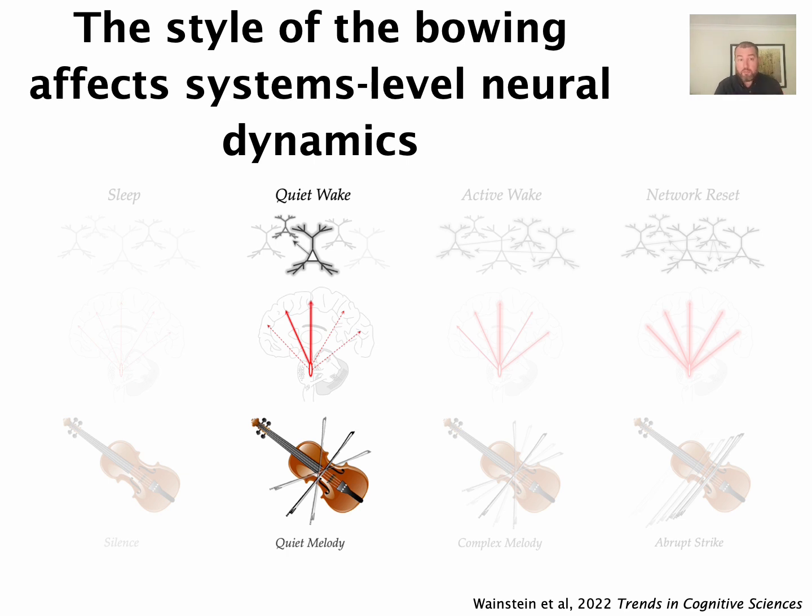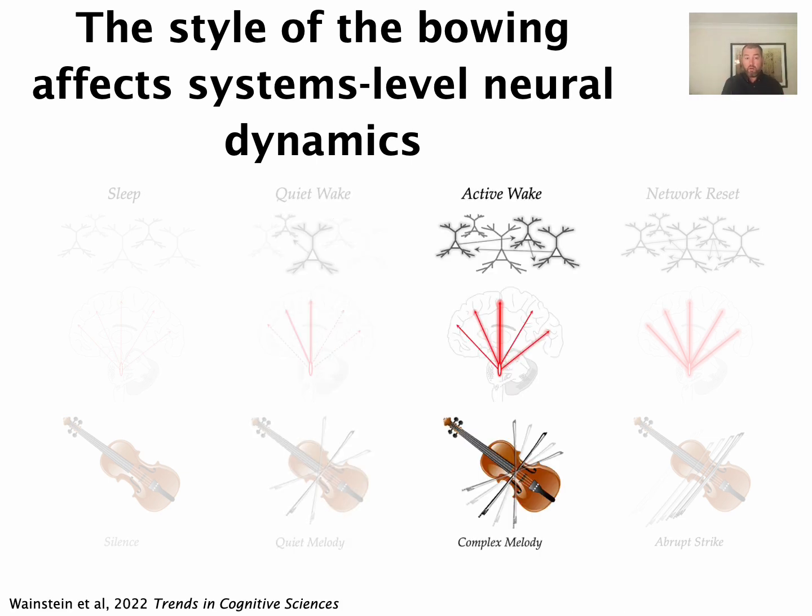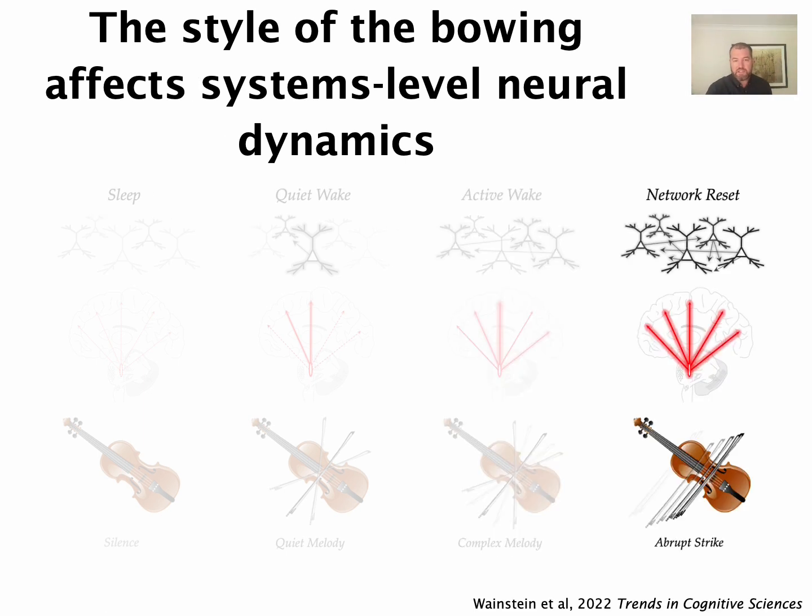Now, if you wanted to become more active in waking, to do something more complex, maybe you need more of the locus coeruleus to become active, to bring on these different melodies across the different networks of the brain. And then you could also imagine if something salient happened, then all of a sudden you'd have a big increase across the entire locus coeruleus, which is then going to douse the rest of the brain in noradrenaline and change the types of firing patterns and the types of communication events that can occur.